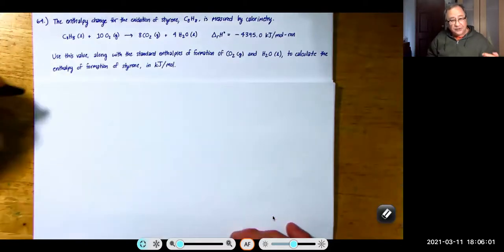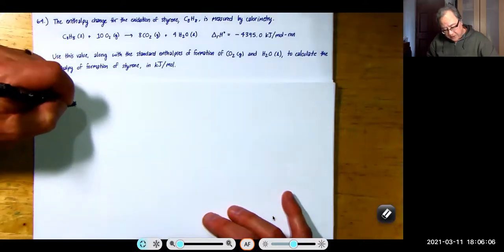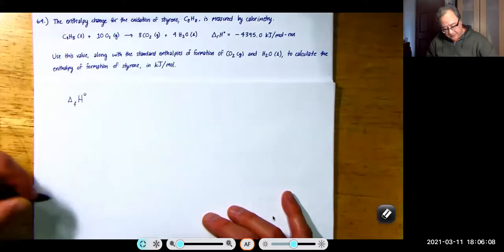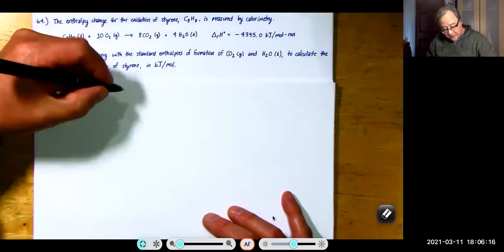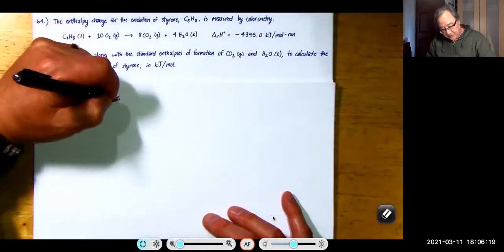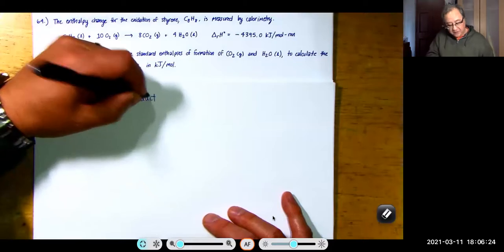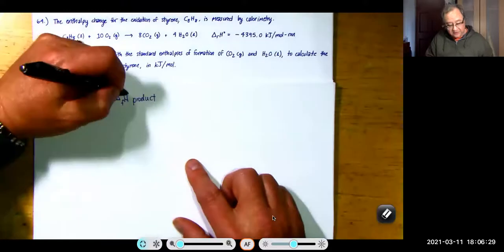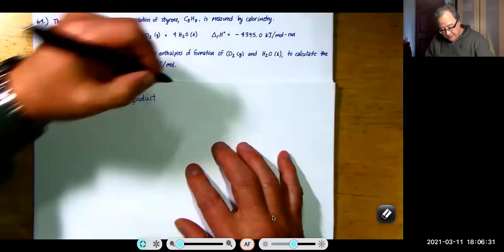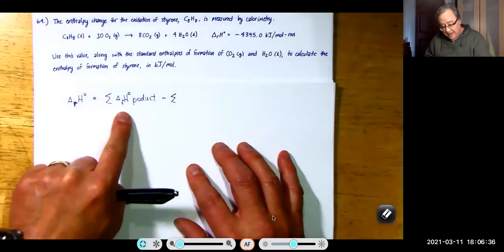So what they're asking us to use is this particular equation. The standard enthalpy of reaction is equal to the sum of the standard enthalpies of formation of the products, minus the sum of the standard enthalpies of formation of the reactants.